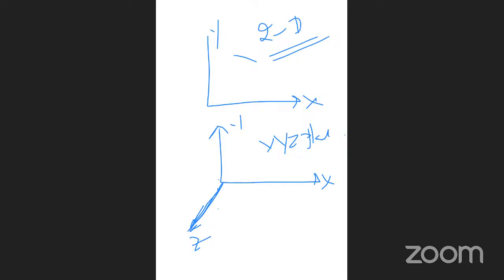Same thing here: when integrating with respect to x, we take y comma z as constants; with respect to y, x comma z as constants; and with respect to z, x comma y as constants. Okay, let's see one problem.